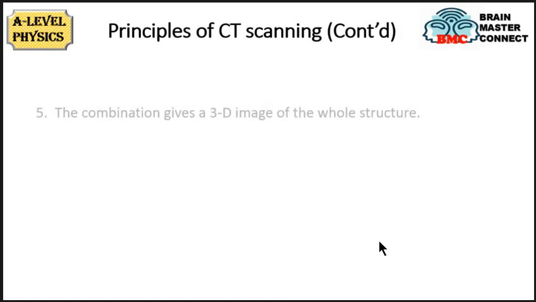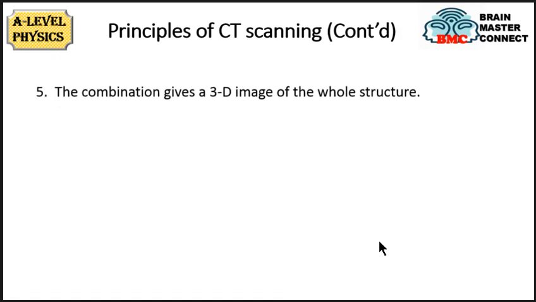Then the next one is that the combination gives a 3D image of the whole structure. I've explained that before, that when you combine the image of each section together, what we're going to end up getting is a 3D three-dimensional image. Then the next one, the 3D image can be rotated, as I've said that as well.